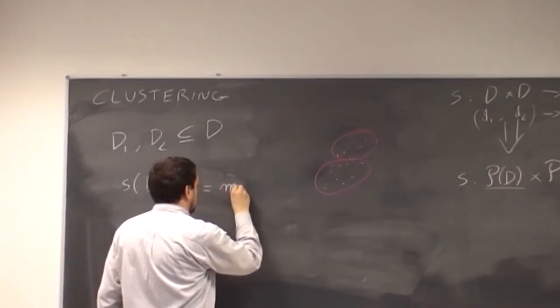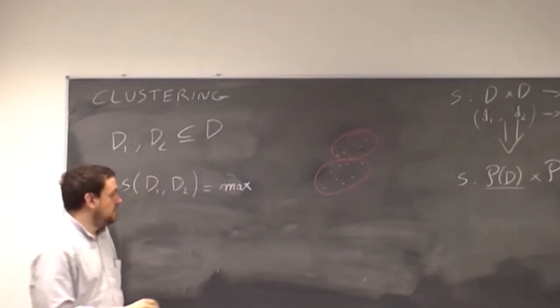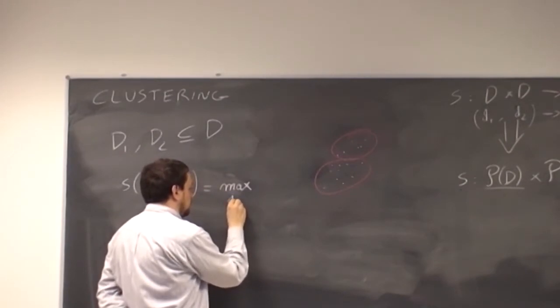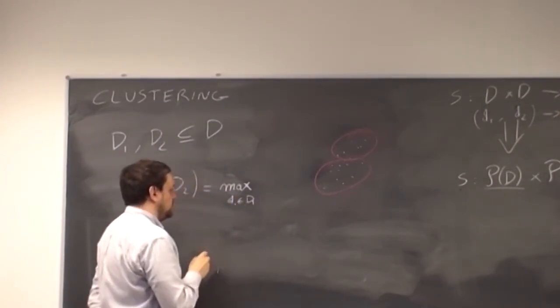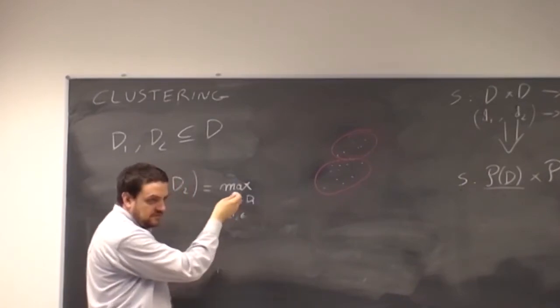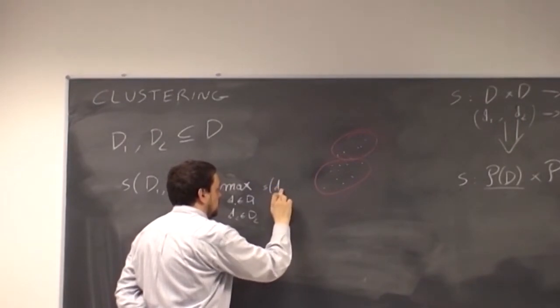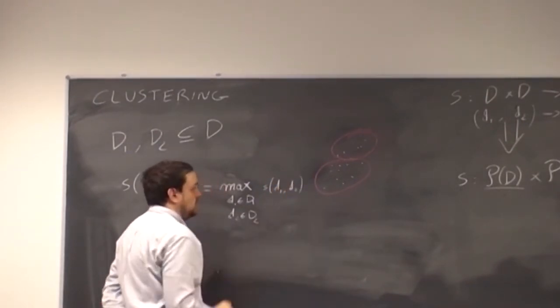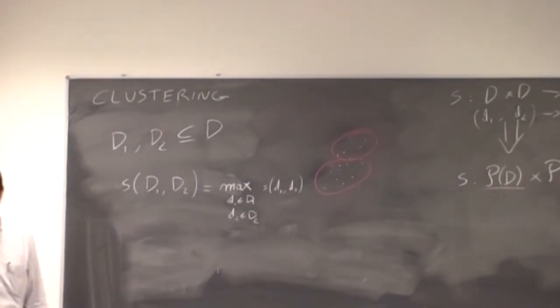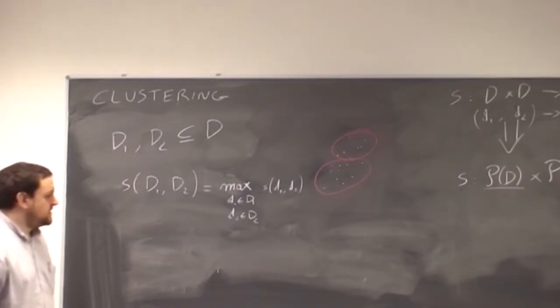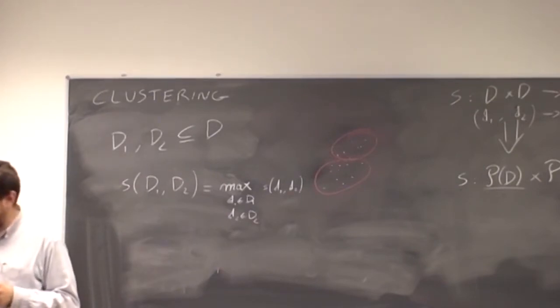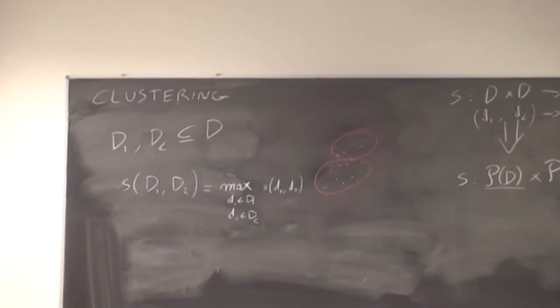You can say it's the maximum, for d1 in D1 and d2 in D2, of the similarity between d1 and d2. This definition recalls what in mathematics is usually considered, for example, the distance between two sets.